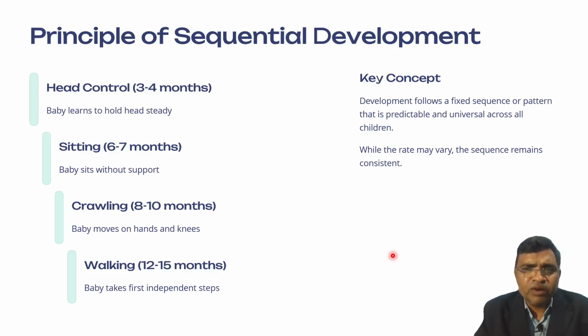So development follows a fixed sequence or pattern that is predictable. So it is universal across children. Okay, the rate of development may vary or change, but the sequence remains constant. First they control the head, then they sit, they crawl, they walk, they run. So this is the principle of sequential development. The development takes place sequentially.